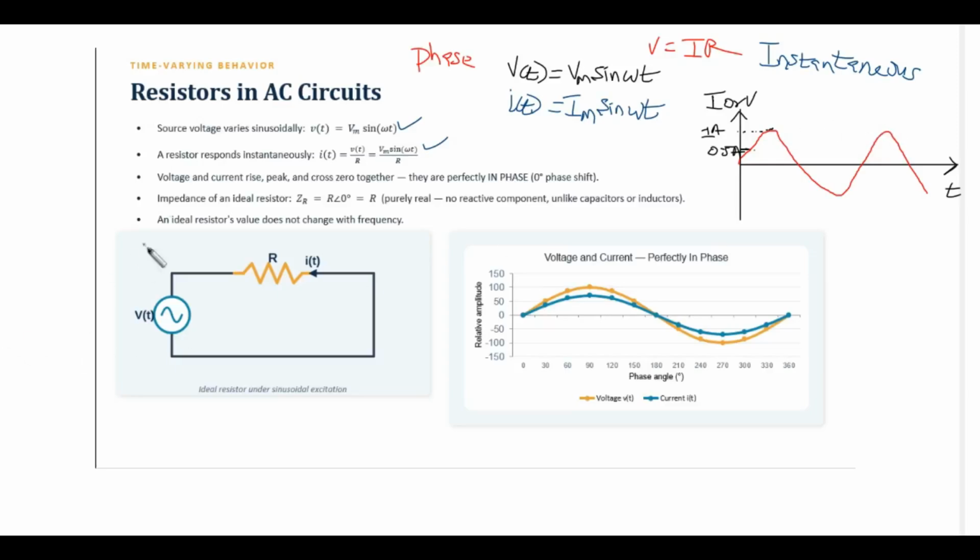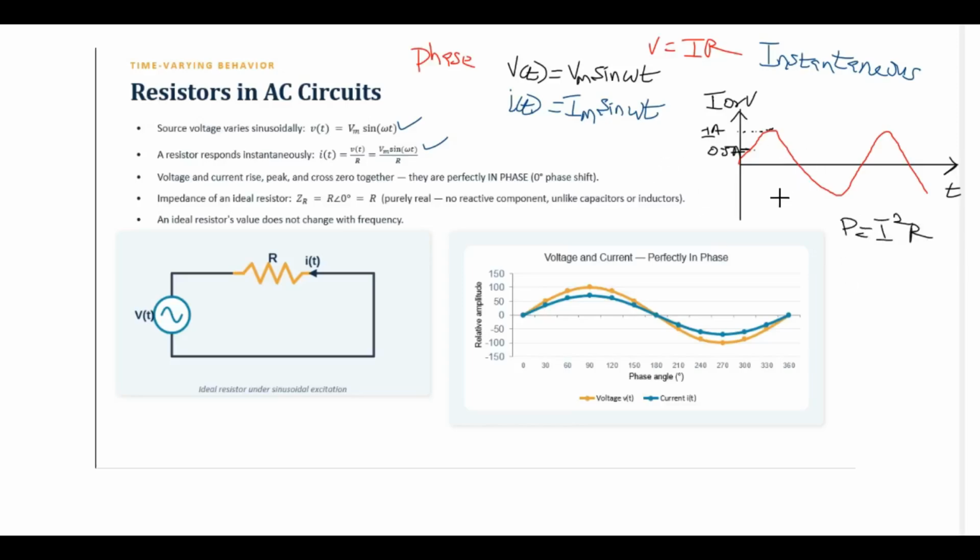So this resistor is going to be responding according to the instantaneous value of the signal coming into it. It means that at the instant where the current is 0.5 amperes, if we calculate the power at that point, P is equal to I squared R, right?